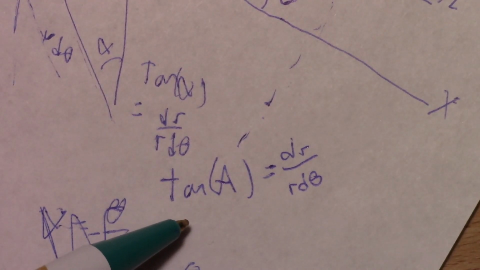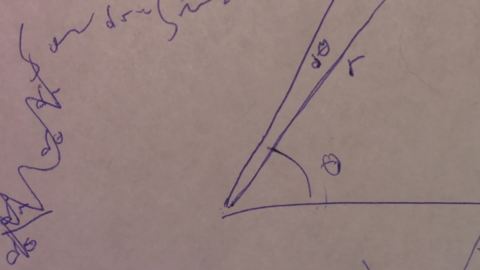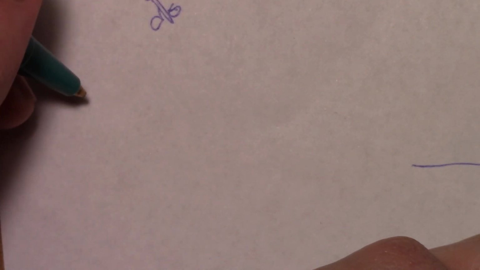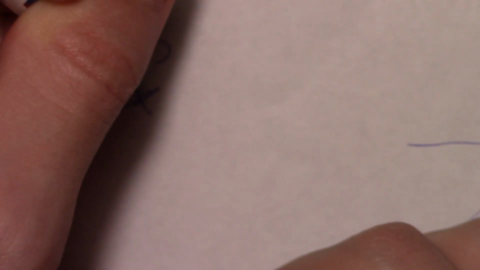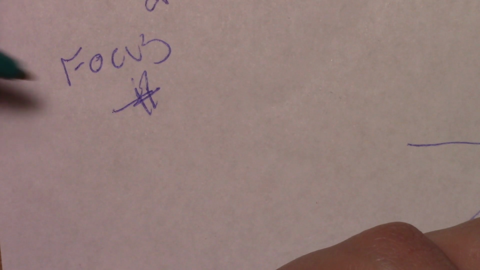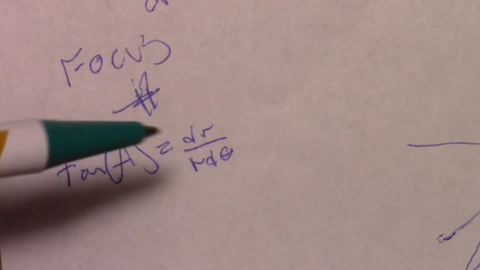Now that is a differential equation. Let's rewrite that over here. Tangent A equals dr over r d theta.